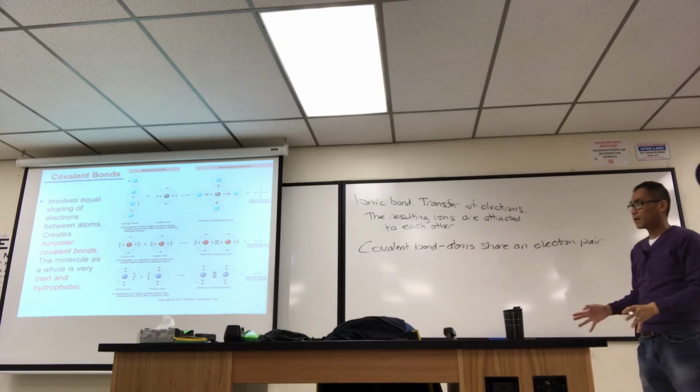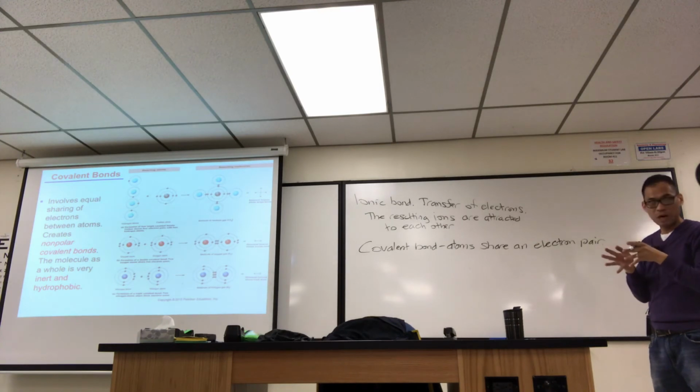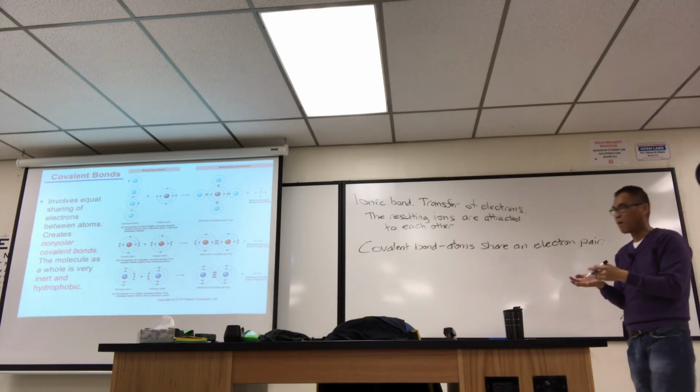I'm not going to get into details of it, but you should know the difference between equal sharing or unequal sharing of electrons. Because if it's equal, you got a pretty inert molecule that doesn't do much biologically.